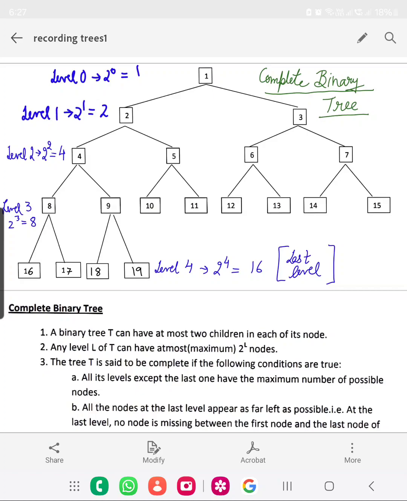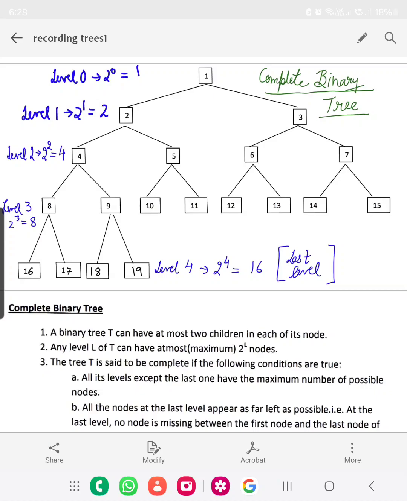That means all the levels except the last one have the maximum number of nodes, and the maximum number of nodes at every level is 2 raised to power L. So here in this example, all the levels starting from level 0, 1, 2 till 3, they all have the maximum number of nodes, but the last level does not have the maximum number of nodes, whereas all its nodes are as far left as possible, which means there is no missing node between the first node and the last node of the last level.